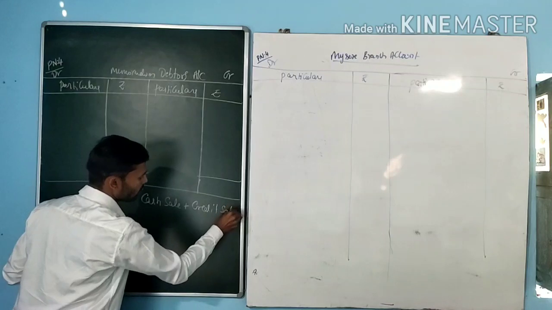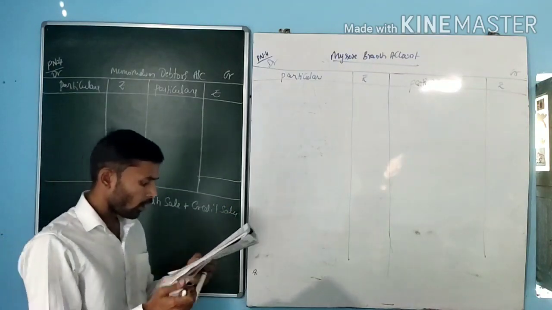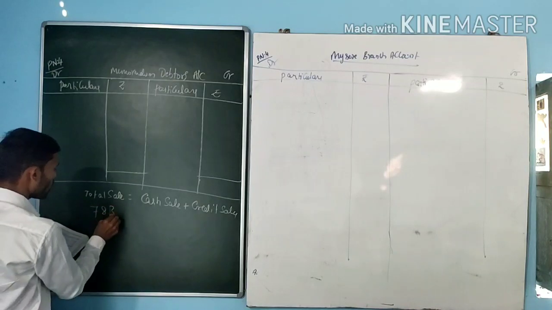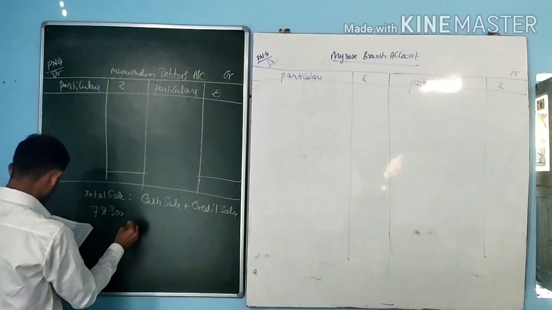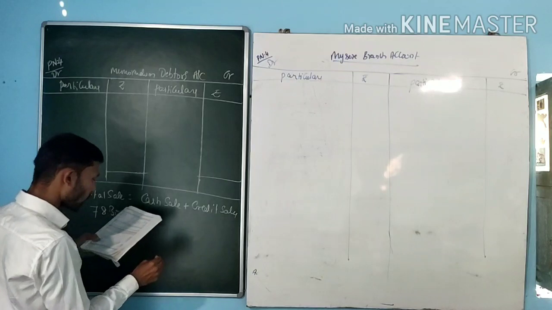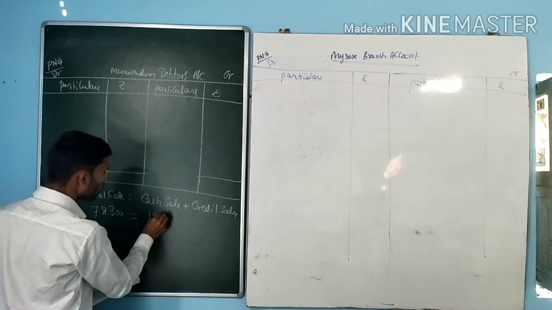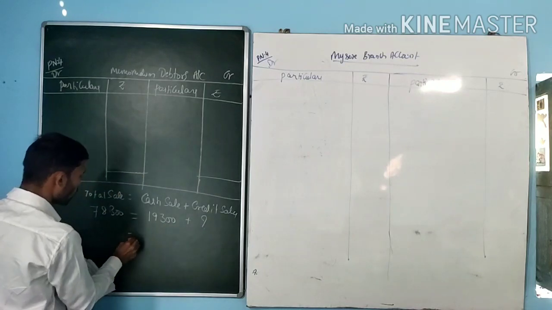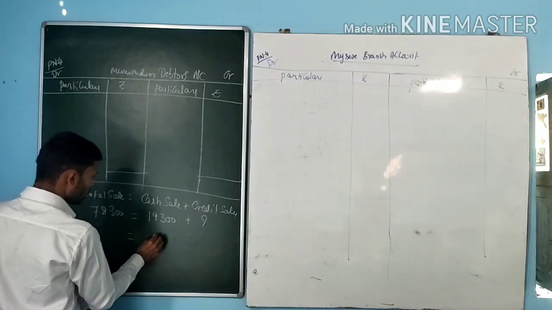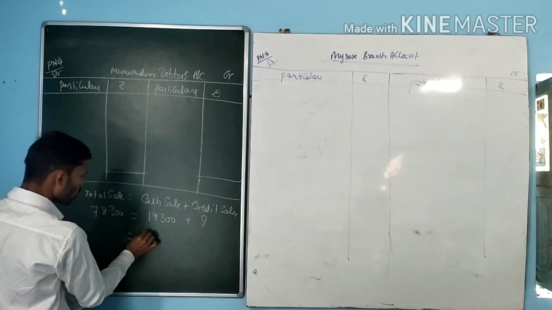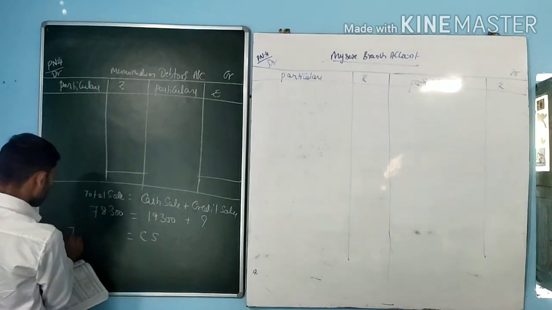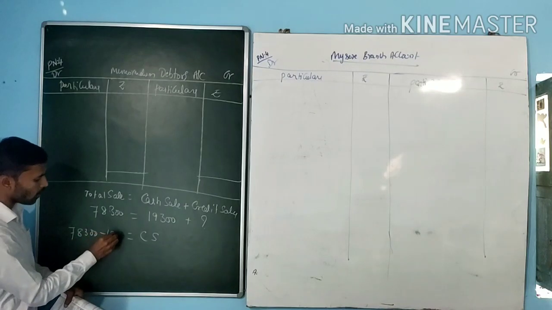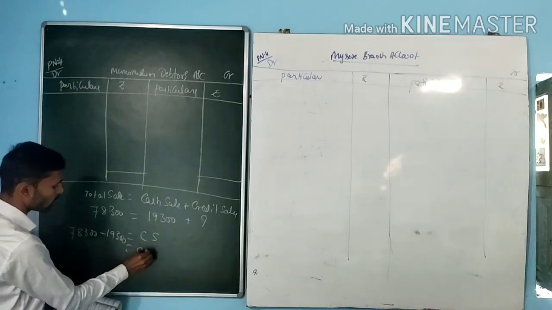Now see that what is the total sales? 78,300 and cash sales is 19,300 and we don't know the credit sales, question mark. So the credit sales is equal to 78,300 minus 19,300, and the credit sales is equal to how much?